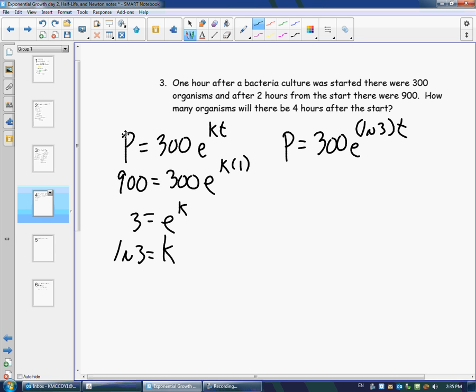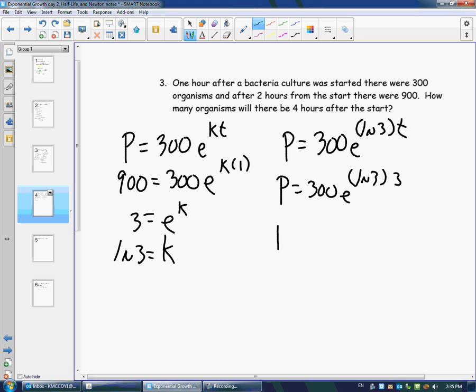And it says how many organisms will be there 4 hours after the start. Well, first of all, the time. 4 hours after the start is really how long after there was 300. Well, that would be 3 hours after we had the 300 amount. So the population of this thing is going to be 300 e to the ln of 3 times 3.